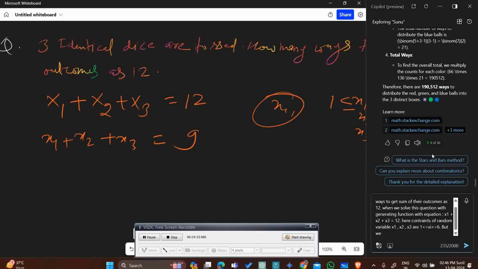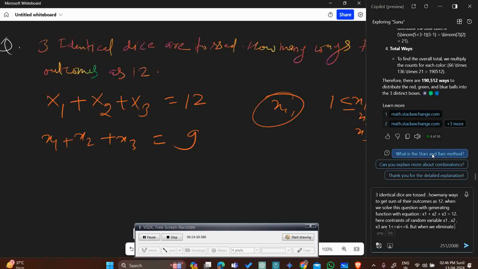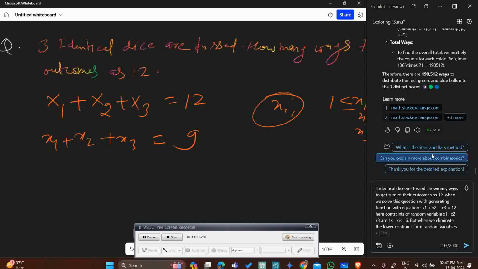But when we eliminate the lower constraint from the random variables, now the equation is x1 plus x2 plus x3 equal to 9.